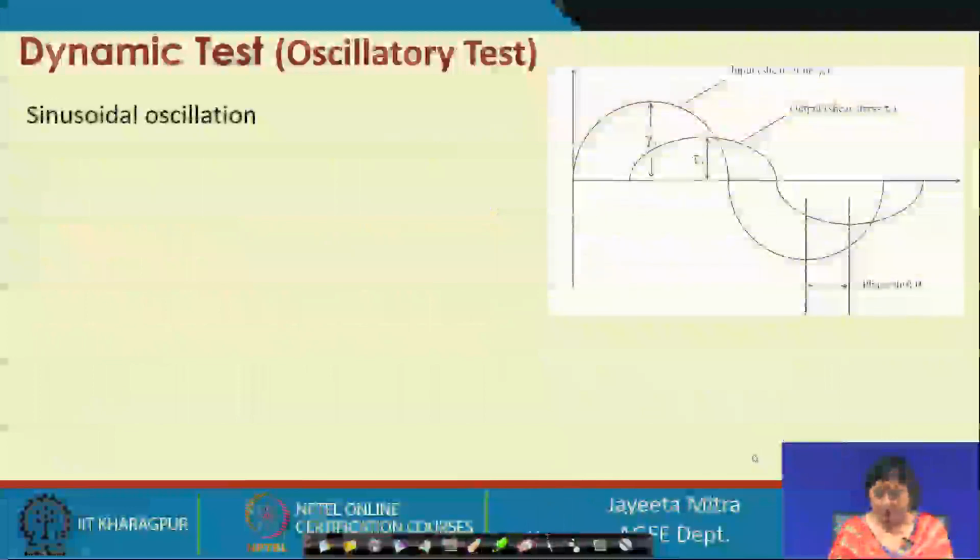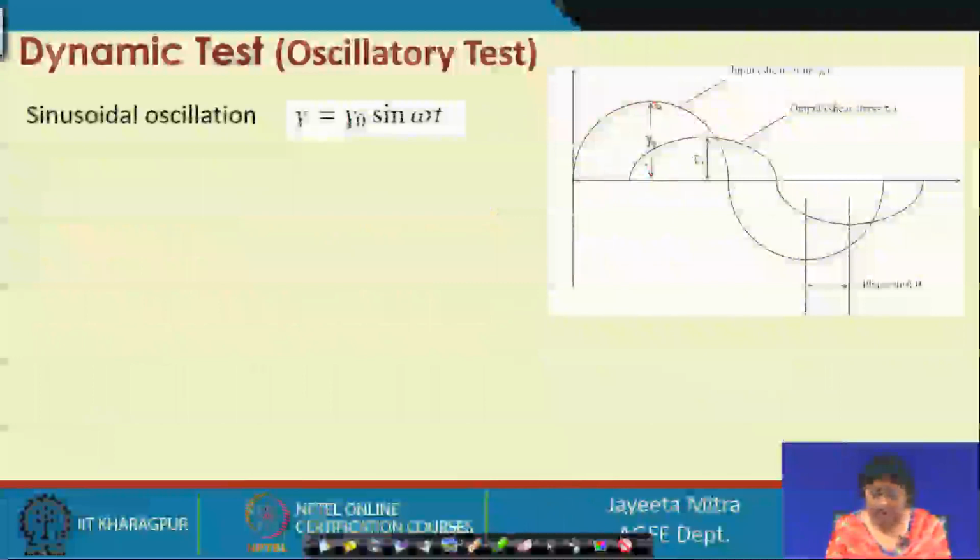So, let us see what happens when we provide a sinusoidal oscillation, that is gamma equal to gamma 0 sin omega t. So, we will plot it, okay, gamma equal to gamma 0 sin omega t.